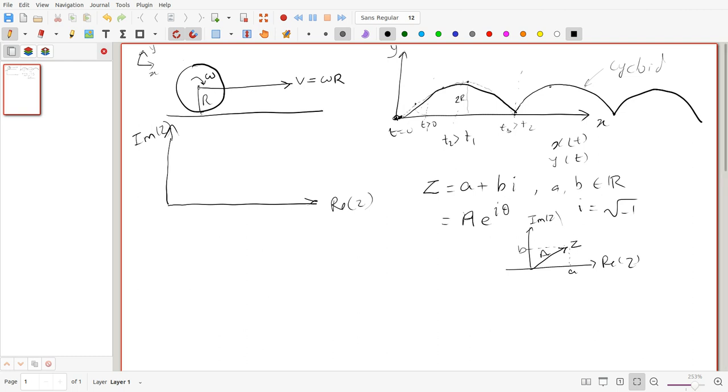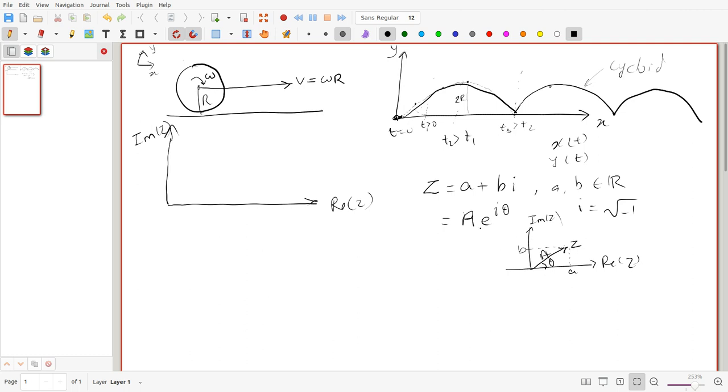This length happens to be a in the second representation, and because it's a length, it's a non-negative number. And this angle, measured from the positive x-axis, or rather the real axis, is theta. And it's again not difficult to see that a times cosine of theta is small a, and a times sine of theta is small b.